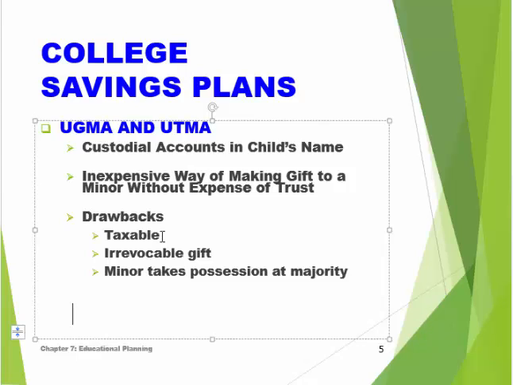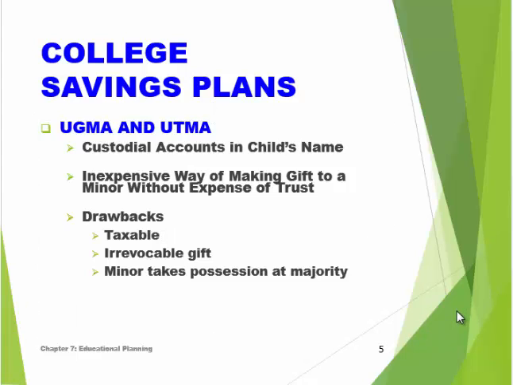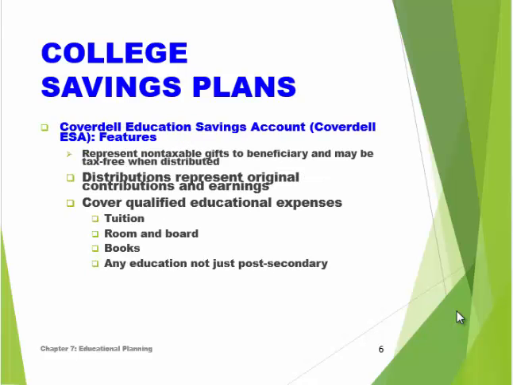It's not just at the kids' tax rate. One of the biggest challenges here, though, is that when the minor turns to majority age, they will then have access to the funds, and this creates some challenges if the child can use it for whatever they want. So maybe the money won't be used for college like you were planning.